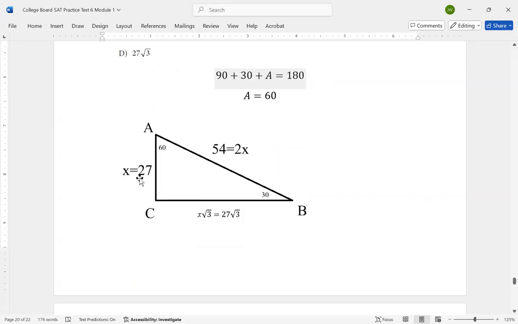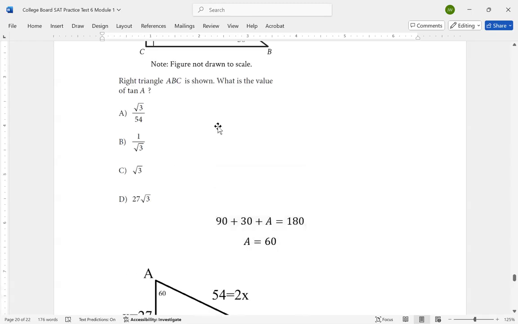And that forces x to be 27, and that x is going to be the opposite side of 30, or angle B, which is 30 degrees. And the side opposite of A is going to have to be x times square root of 3, which in this case, since x is 27, has to be 27 times root 3.